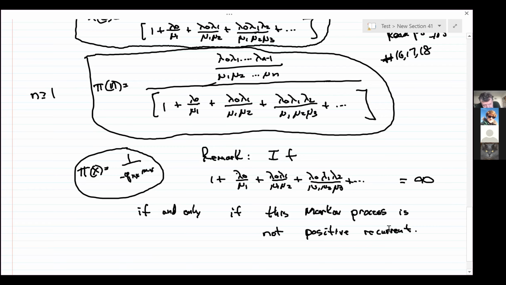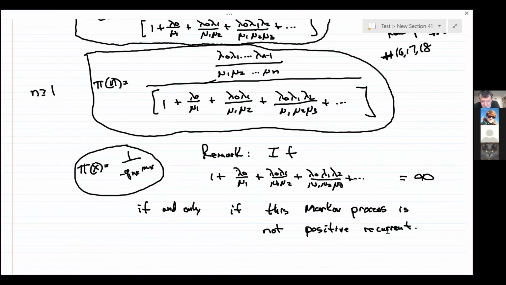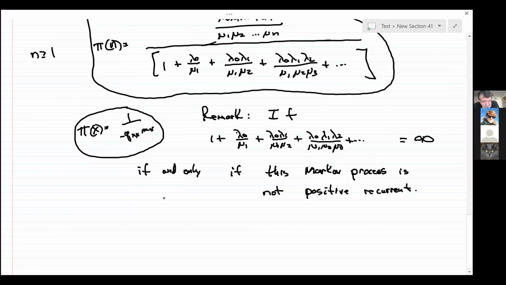Okay, so those are the only possibilities, because as before, all states are either transient or recurrent. And just like before, the recurrent ones are either what? Null recurrent or positive recurrent.